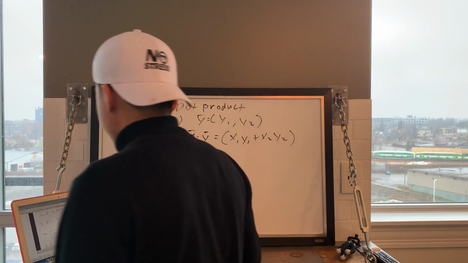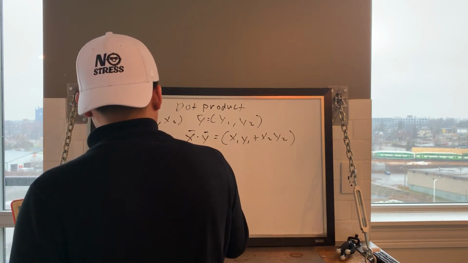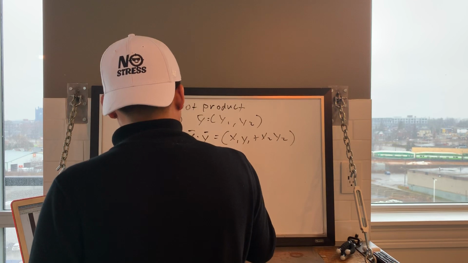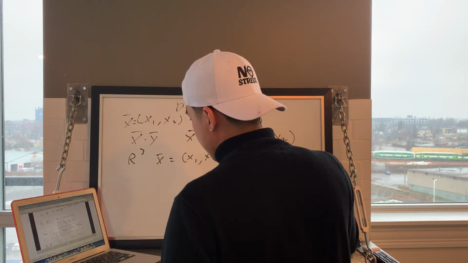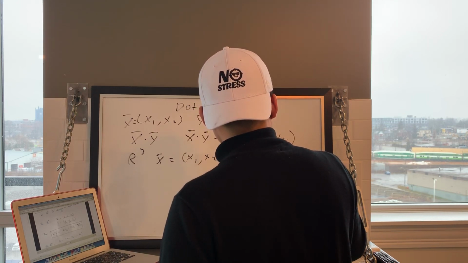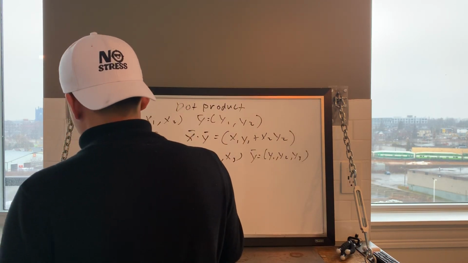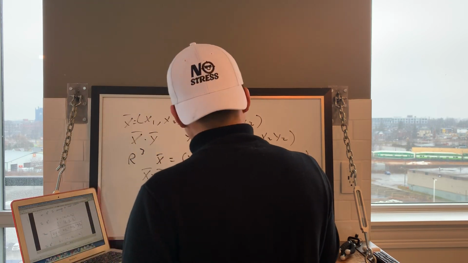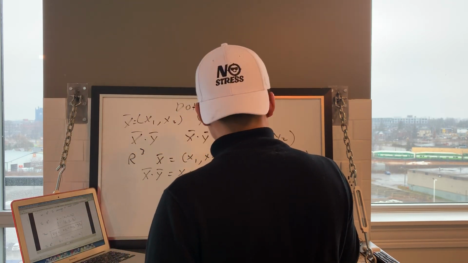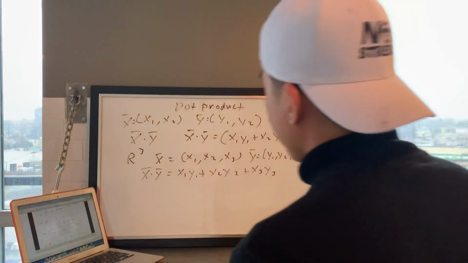In R3, we get the same idea, right? In R3, you get something like this, 3 points. So x dot y. It's kind of like multiplying the points almost, just adding them together. That's all you're really doing.